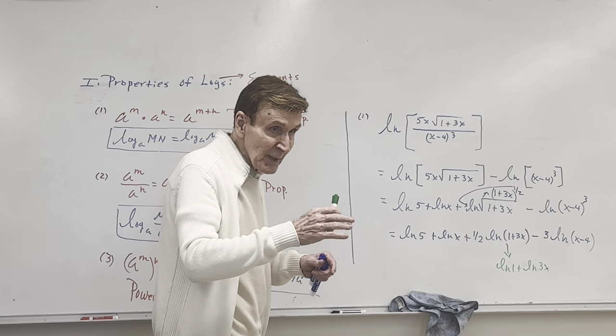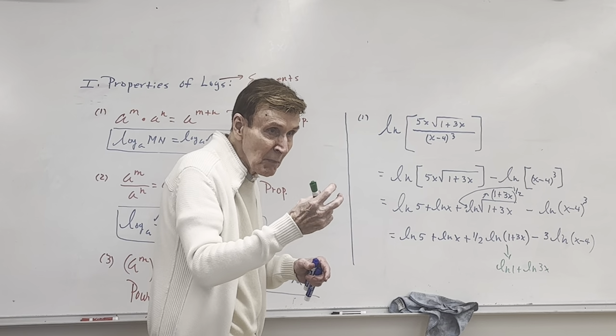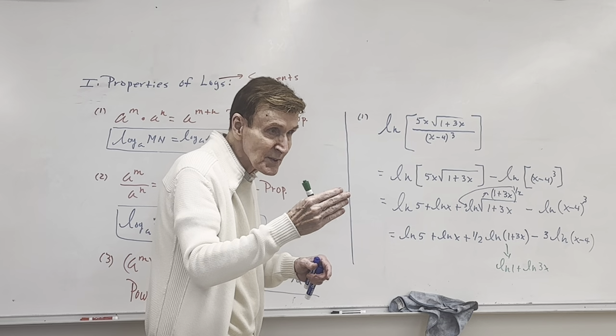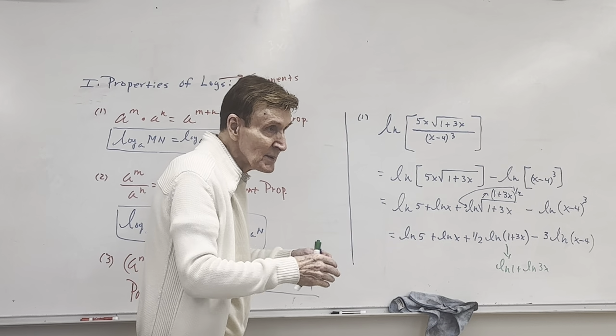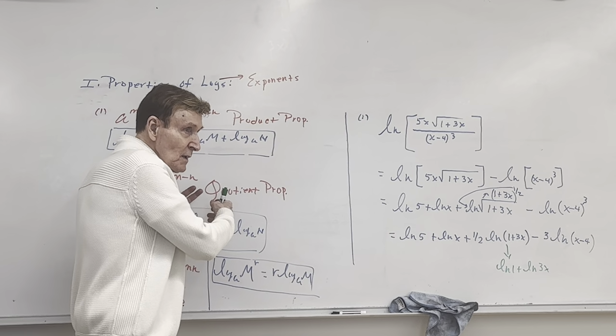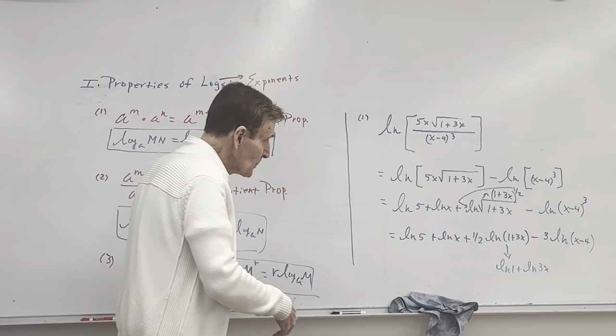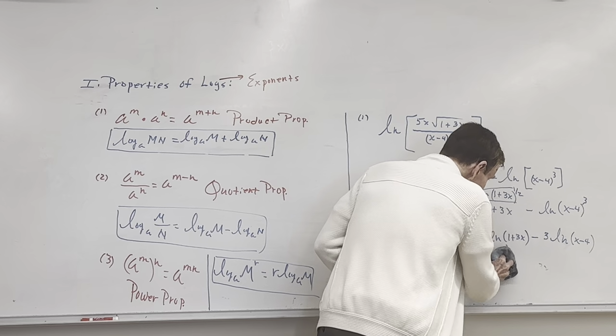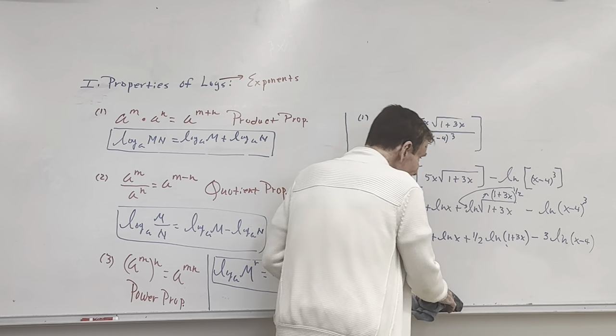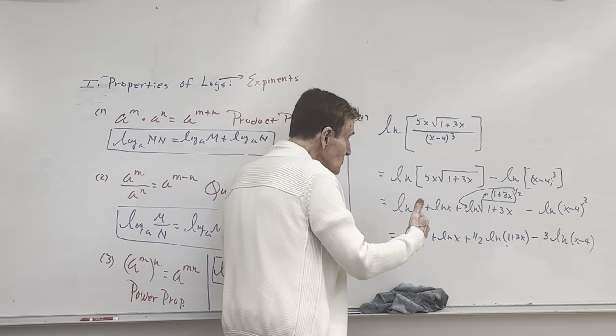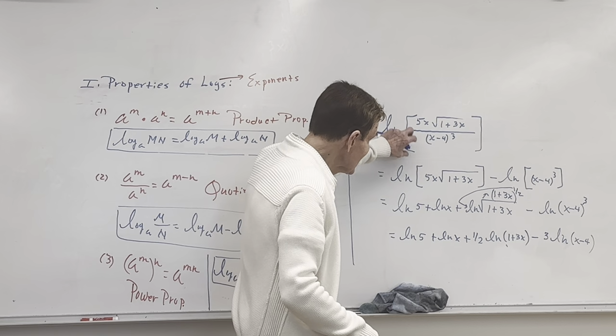And by the way, is 1 plus 3x inside there a sum? Did I give you a sum property over here? No, I gave you a product, a quotient, and a power. There is no sum property. You can't do that. You gotta leave it like it is. And that is finished.